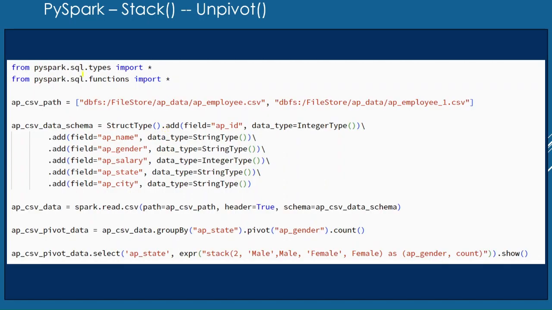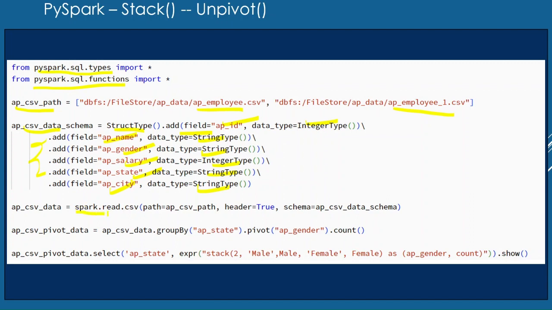So what we are going to do in this exercise: first we are going to import the required libraries. We are creating a list variable storing the address of the CSV file which we are going to read. We are creating the schema with the help of a StructType and a StructField, defining column names and data types. So in this custom schema, we are defining 6 columns, with their names and data types.